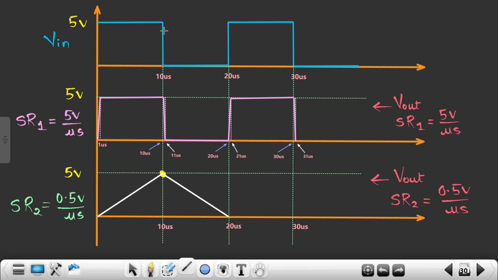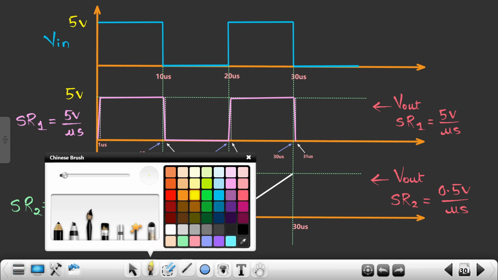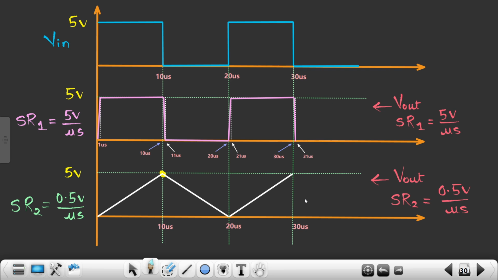See, my input is changing very rapidly, but my output is not changing very rapidly. What we really wanted at the output side is the same signal, but what we are getting is a triangular signal. So this particular waveform is distorted, and we call this signal the distorted signal.